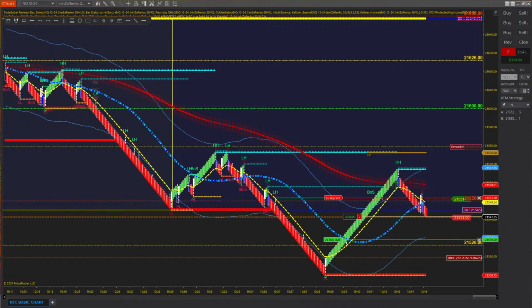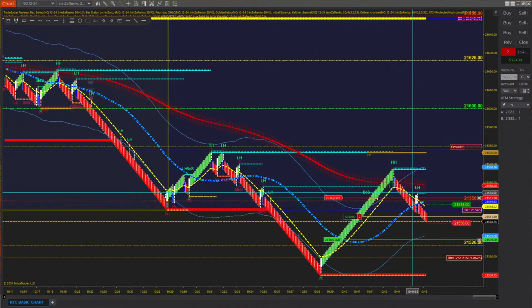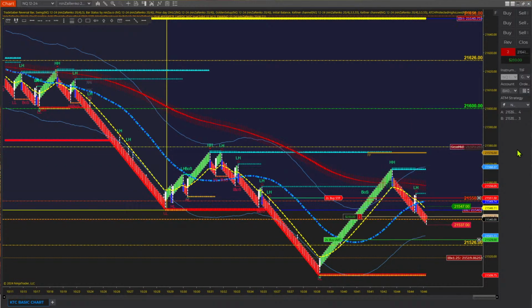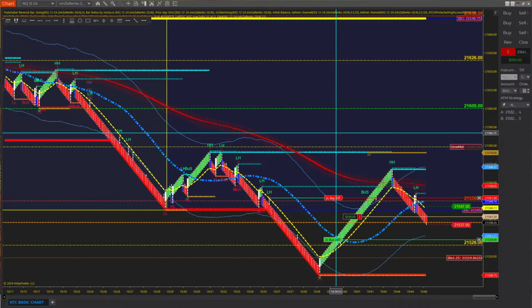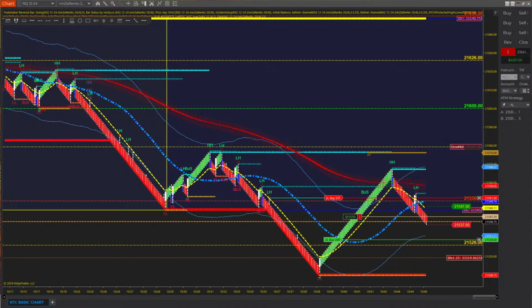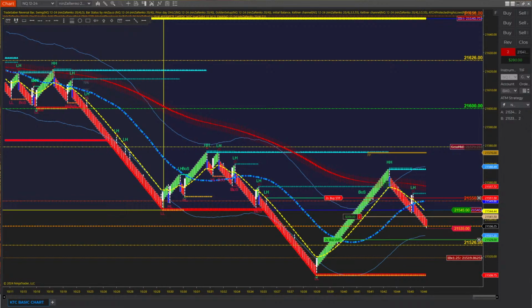So you see it printed this circle there. Why? It's a lower high. Target filled.